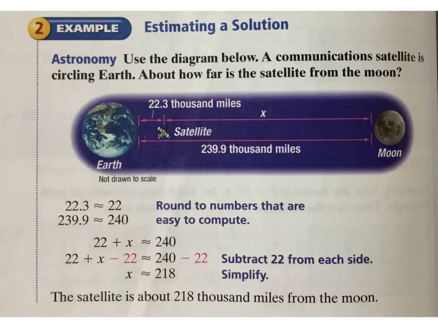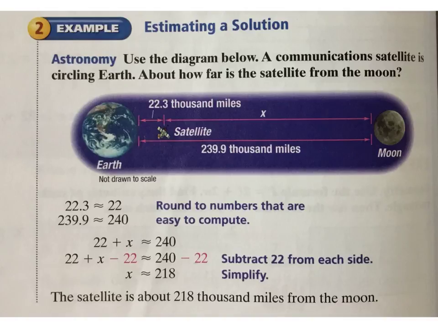Now, when you're working with decimals, it's not a bad idea to do some estimating, right? So you can figure out, hey, is my answer reasonable? So use the diagram below. A communication satellite is circling Earth. About how far is the satellite from the moon? So here we know this is 22.3 thousand miles to the satellite, and the total distance between Earth and Moon is 239.9 thousand miles.